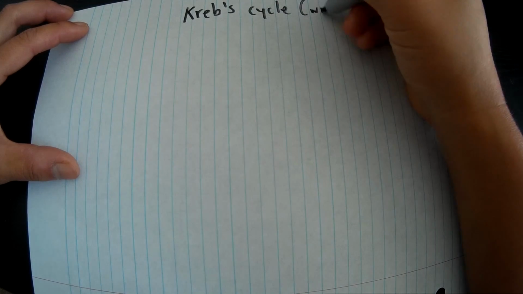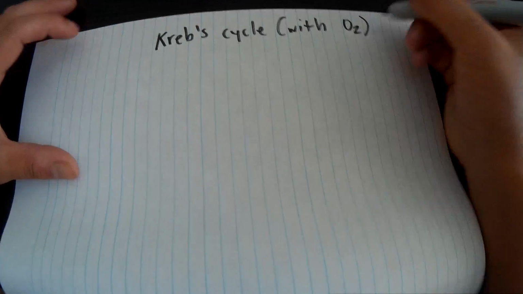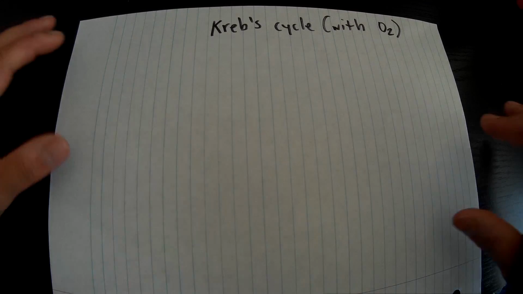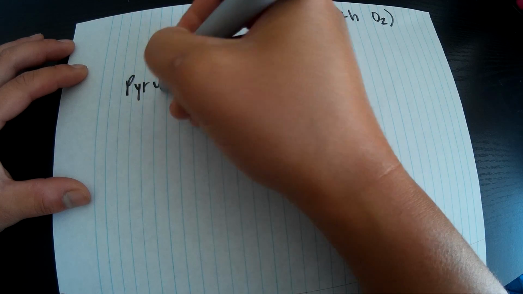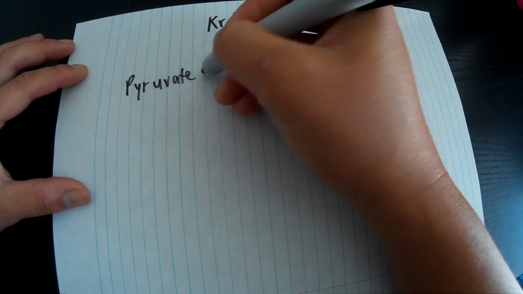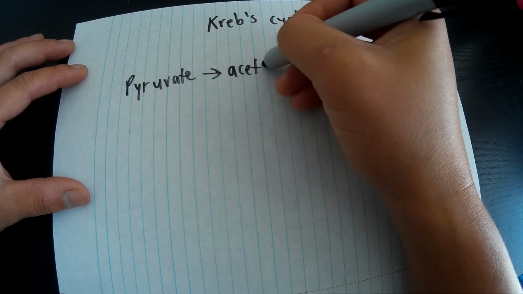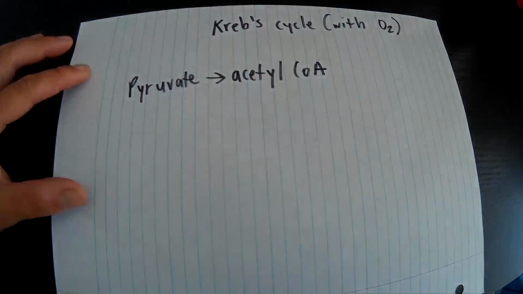So in order for pyruvate to get into the Krebs cycle, it will need to turn into acetyl coenzyme A. It will go through some chemical processes to turn into acetyl coenzyme A, and that's our ticket to get into the Krebs cycle.